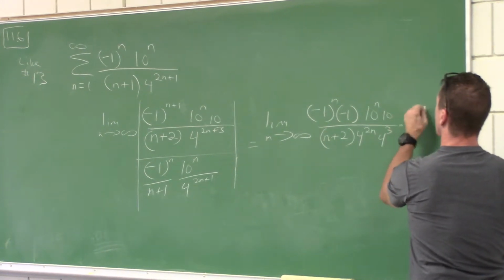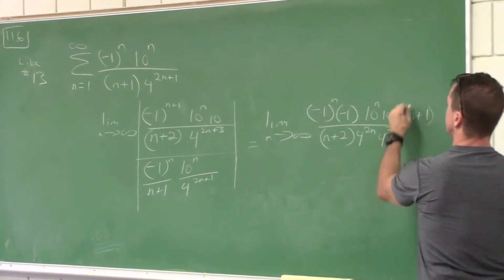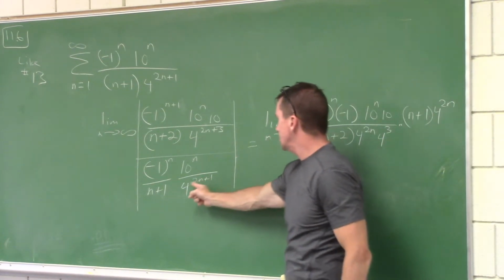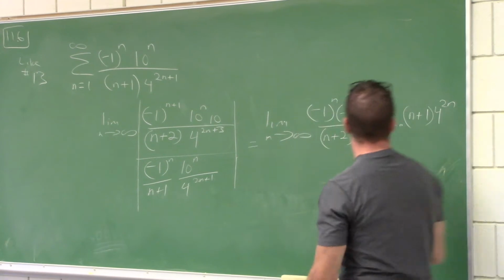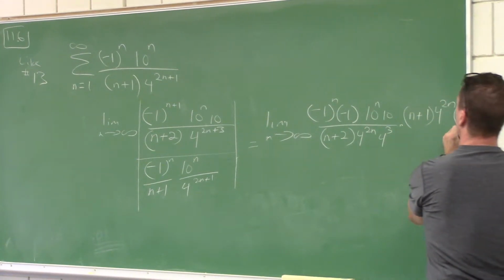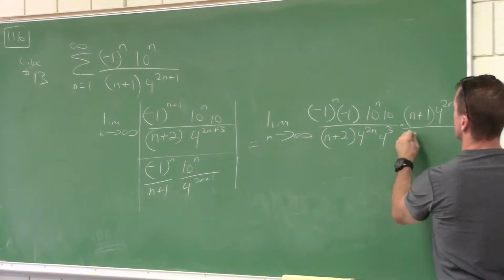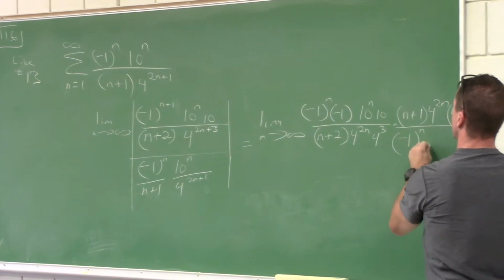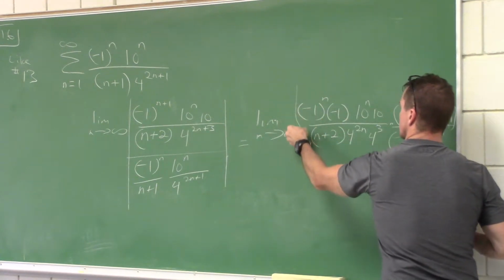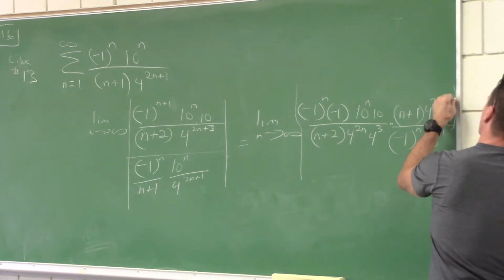I've got an n plus 1 upstairs. I got a 4 to the 2n, that'd be 4 to the 2n times a 4. And this is all over a negative 1 to the n and a 10 to the n. And I'll put these bars. We've got our bars right there.